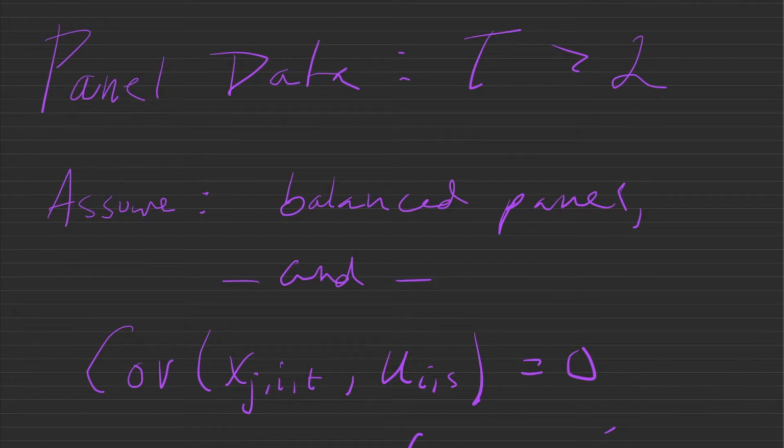Now keep in mind that this strict exogeneity assumption does rule out cases where future explanatory variables react to current changes in idiosyncratic errors. So this rules out the ability to use a lagged dependent variable.